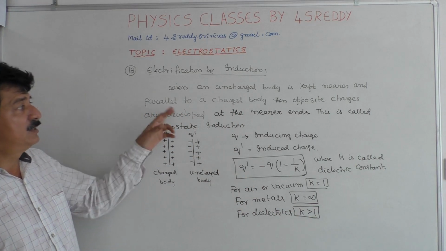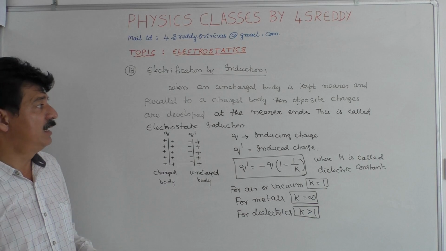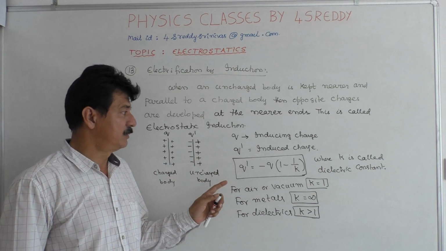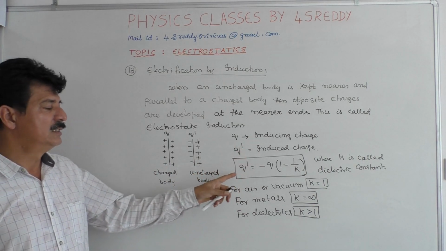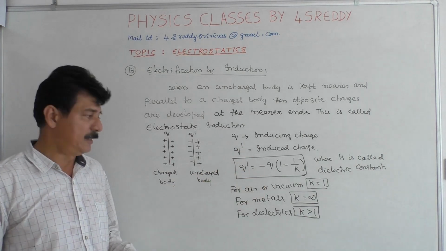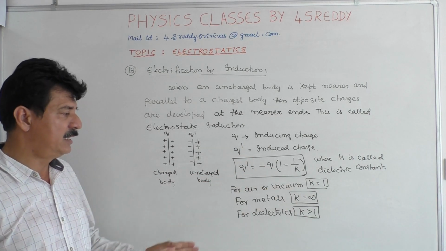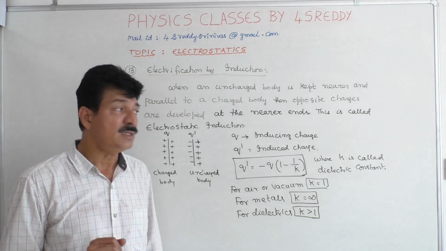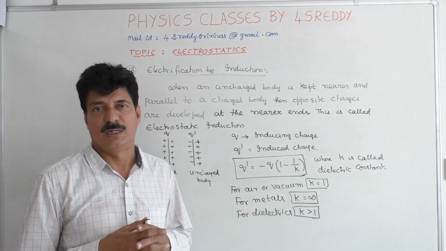Whenever an uncharged body is kept nearer and parallel to a charged body, then opposite charges are developed at the nearer ends. This is called electrostatic induction. If Q is the inducing charge, Q dash is the induced charge, then the induced charge is always minus. This negative sign implies opposite polarity. So these are certain important properties of the charged bodies.